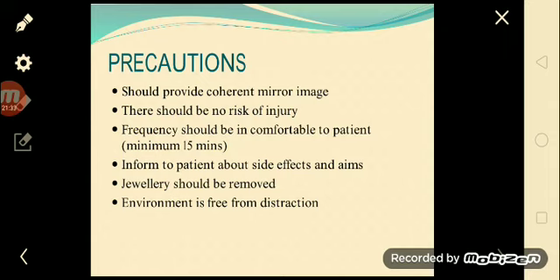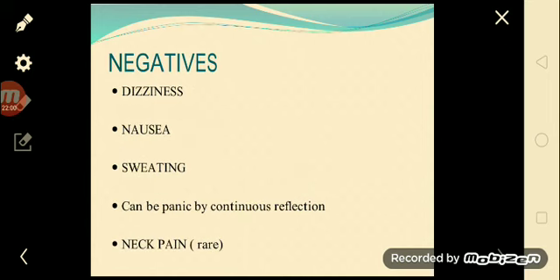Frequency should be comfortable to the patient. That means the treatment time should be comfortable to the patient. And we have to inform the patient about the side effects, and also what we are performing, and why we are performing this mirror therapy. And the jewelry should be removed because it distracts the patient's mind. Environment should be free from distraction.